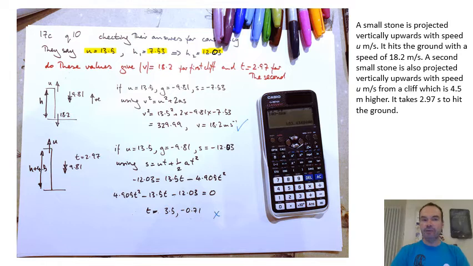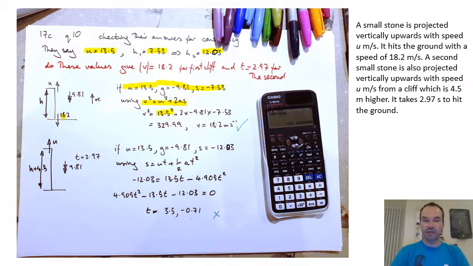Right, if you use that information to see if we can get the 18.2, if we sub that into the rule v squared is u squared plus 2as, we've got 13.5 squared, and I've got to decide which direction is positive, which one's negative.